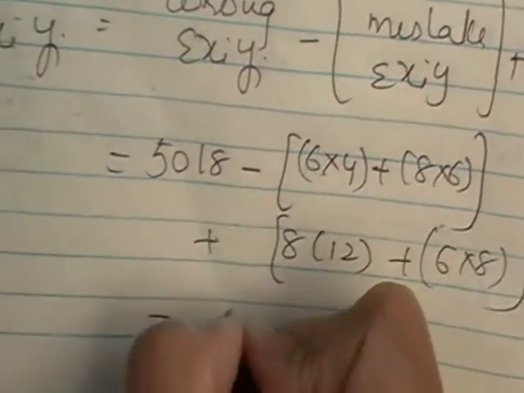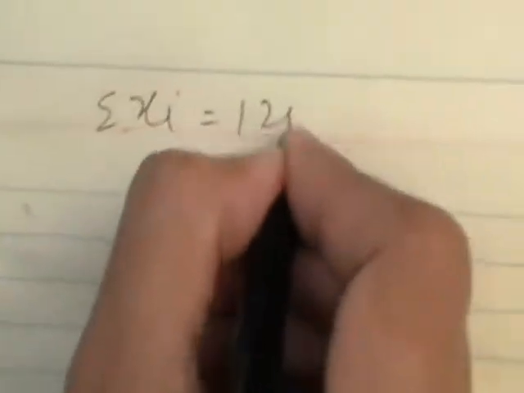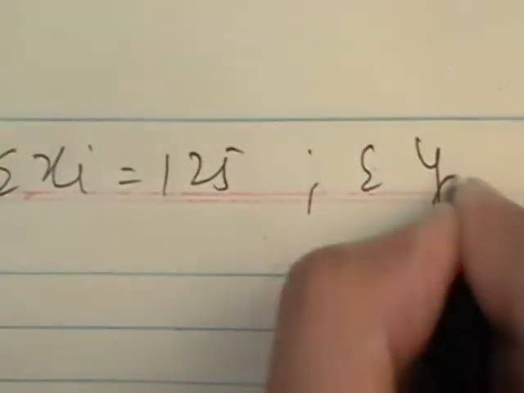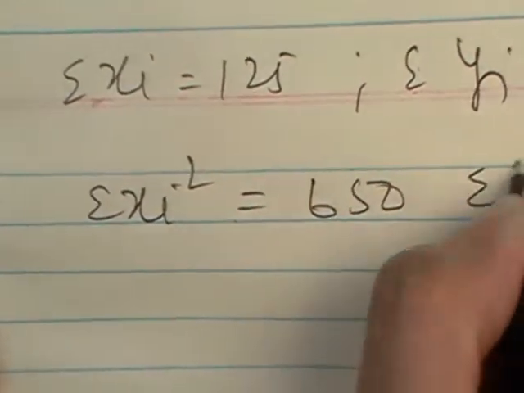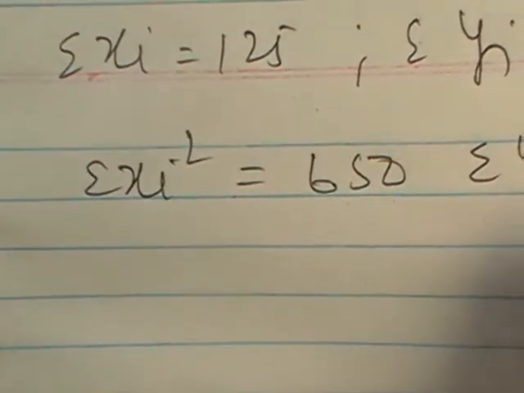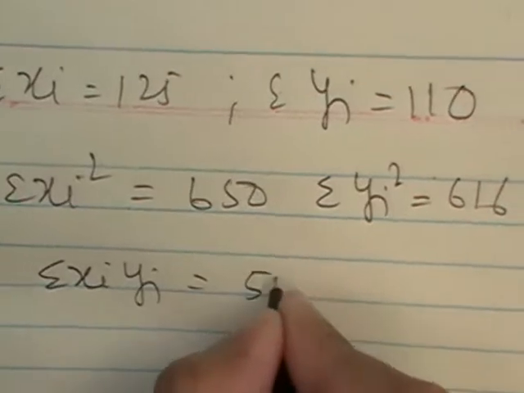This entire total is 580. Means you got all the totals. Let us write them all. Correct sigma xi is equal to 125. Correct sigma yi is equal to 110. Sigma xi square is equal to 650. Sigma yi square is equal to 616. Sigma xi yi is equal to 580.